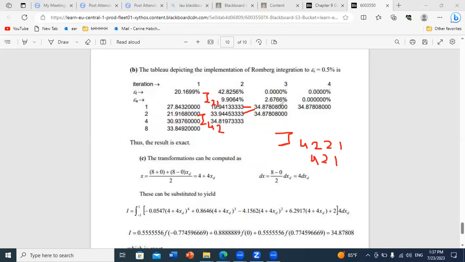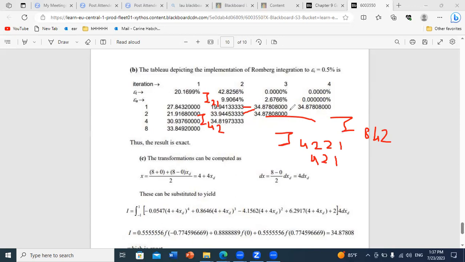So this is I421 and this is I842. Because you are doing the Richardson extrapolation for the second time, you should pay attention that the order is no longer 2, it's 4. This is why the coefficients you should use are the ones we derived now, 16 over 15 and minus 1 over 15.